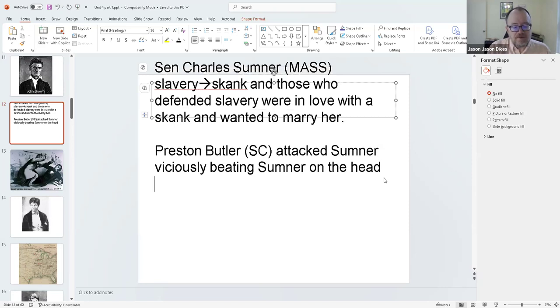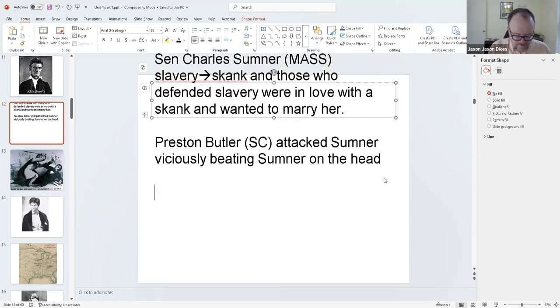What also begins to happen because of the Sumner-Brooks affair is that congressmen now began arming themselves. So people are taking guns and knives into the United States Congress. And Congress really doesn't get anything done in the next 5 years.